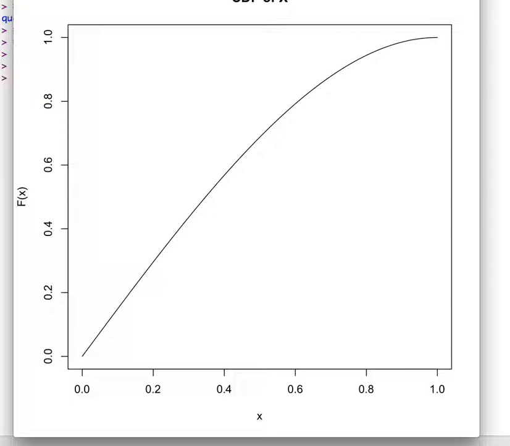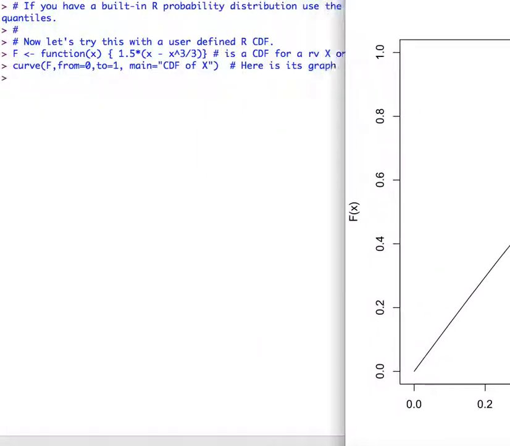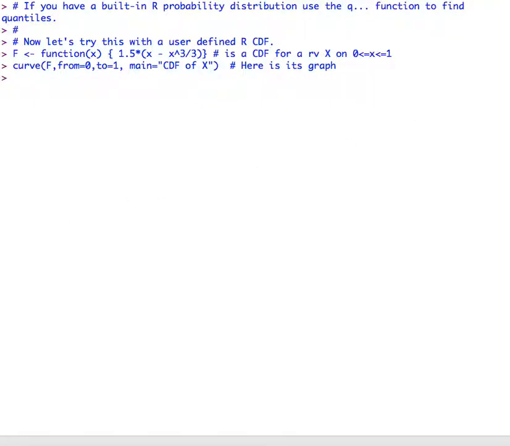Notice it goes from 0 to 1. And I want to find the median or the 50th percentile of this. That means we want to find the value x so that f of x equals 0.5. Now, if I do f of 0.5, that doesn't equal 0.5. How am I going to find this value?